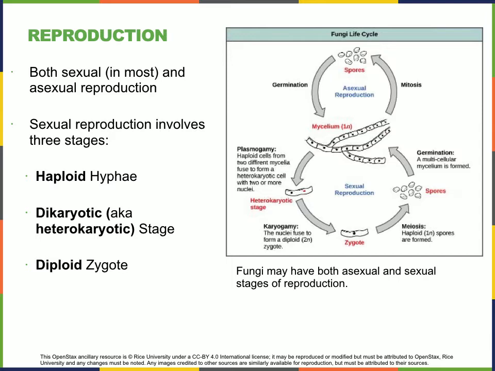Sexual reproduction usually involves haploid hyphae that fuse together in plasmogamy, and then they have this two-celled stage where the nuclei fuse during karyogamy to form a zygote. That zygote usually almost immediately undergoes meiosis to produce haploid spores. Those spores disperse, germinate, and produce a long-lived mycelium.